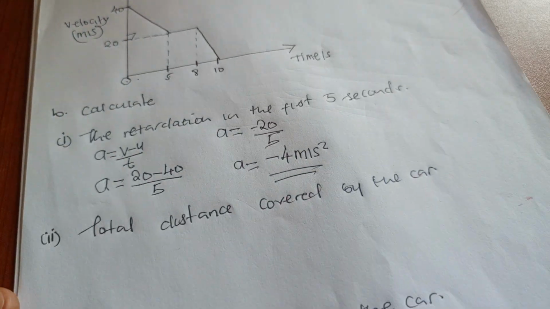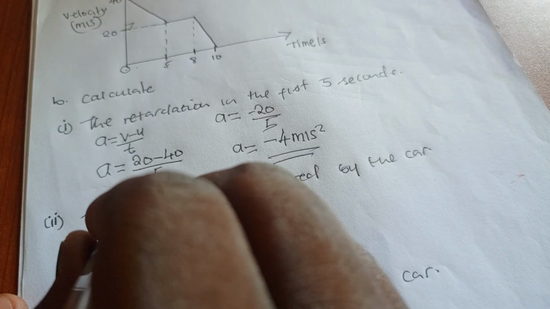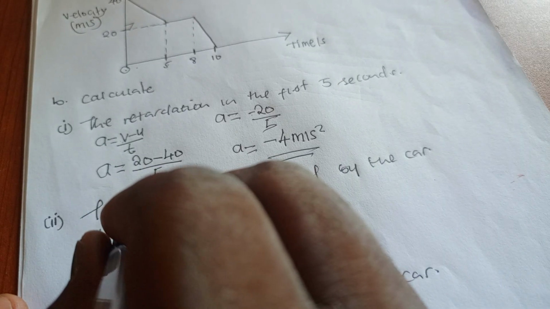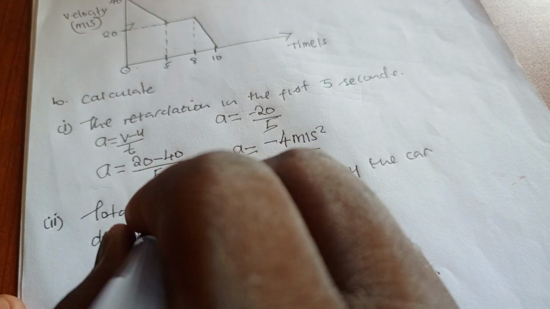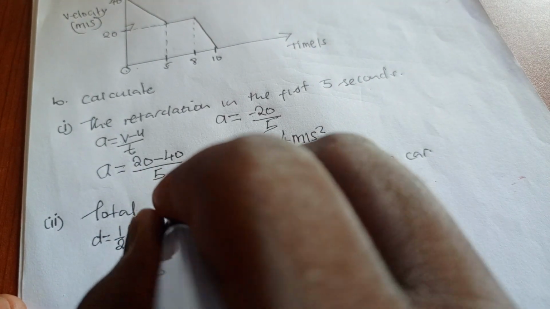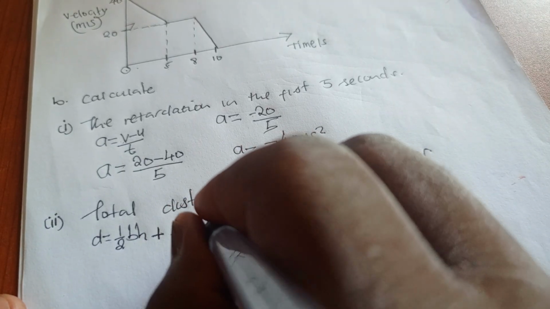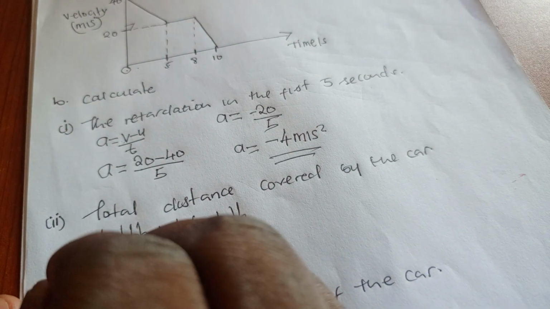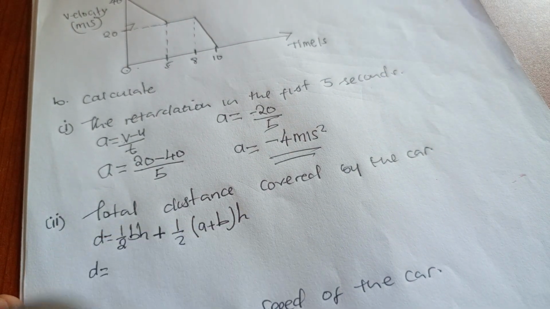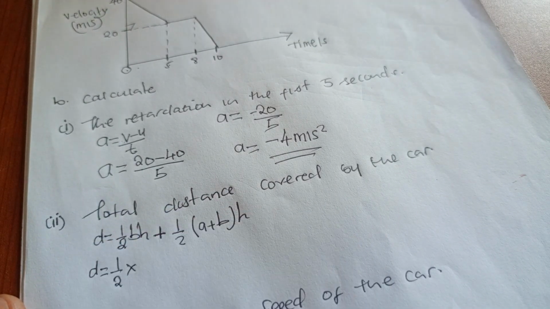So distance is equal to one-half base times height for the triangle, plus one-half A plus B times height for the trapezium.